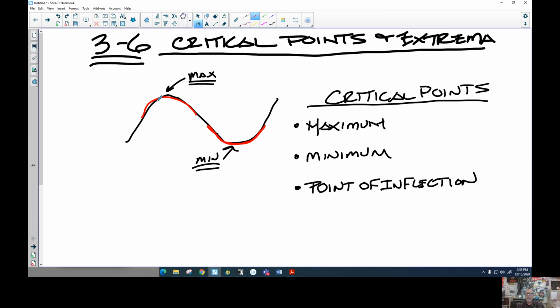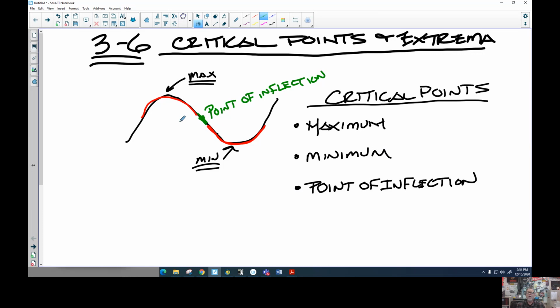When you have a graph that changes from concave down to concave up, somewhere in the middle ground is a point where the curve is concave down and becomes neutral and then concave up. That neutral point is what we call our point of inflection. It's that point where we see something changing concavity.